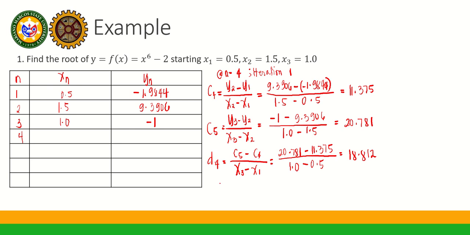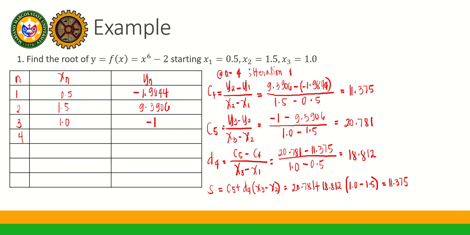Sa ating S is equal to C sub 5 plus D sub 4 times x3 minus x2 based from the formula. So, plug natin yung values ng C sub 5 natin. That is 20.781 as well as si D sub 4. That is 18.812 multiplied by x sub 3, that is 1.0 minus x sub 2, 1.5. So this will be equal to 11.375. So we now have values for C4, C5, D4, and S.